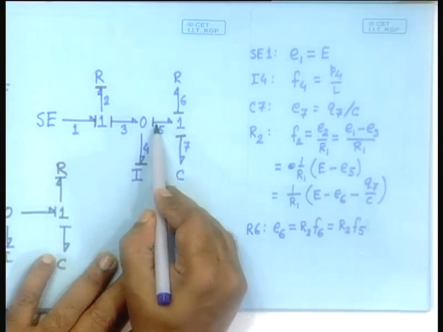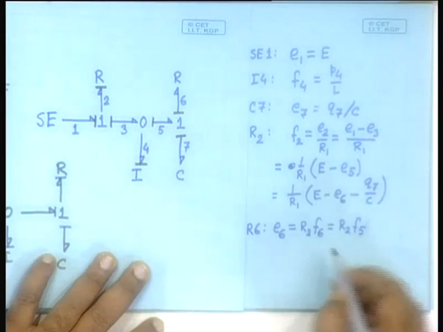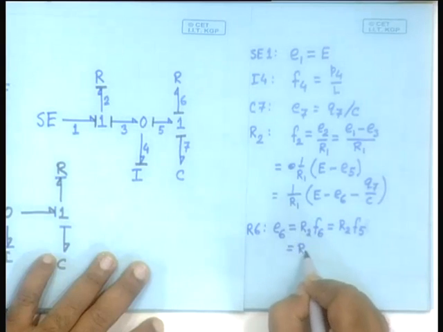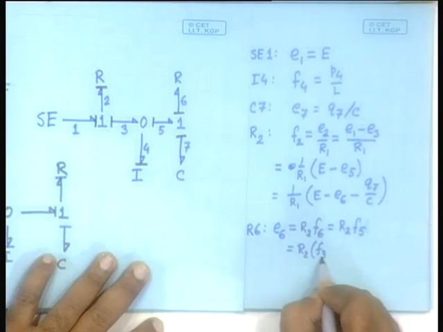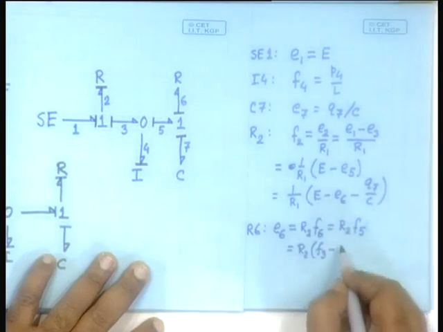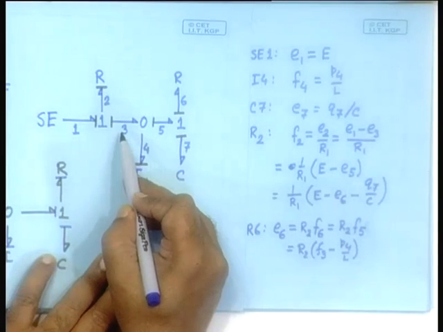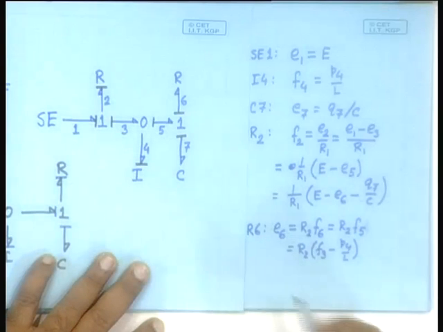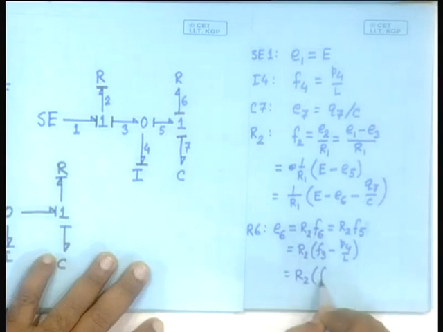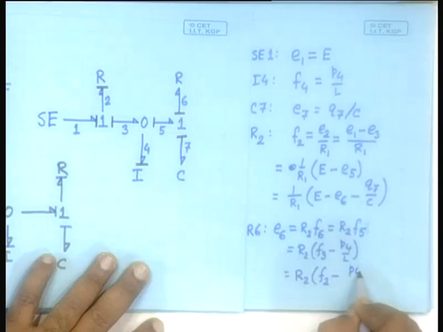F5 comes from F3 minus F4, yes, so it is equal to R2 times F3 minus F4, which is known, P4 by L. F3 comes from F2. So, R2 F2 minus P4 by L.